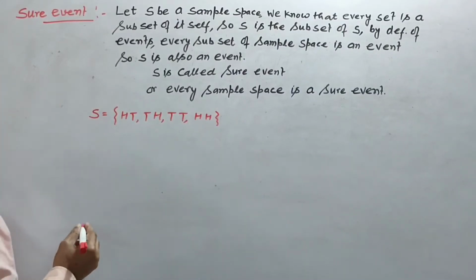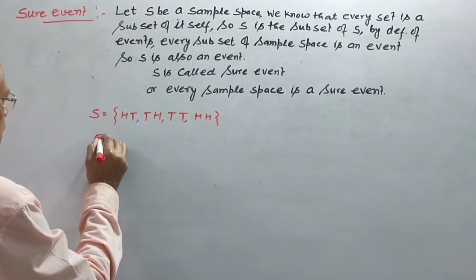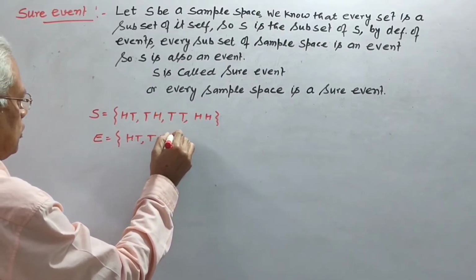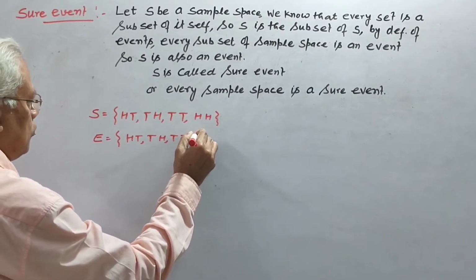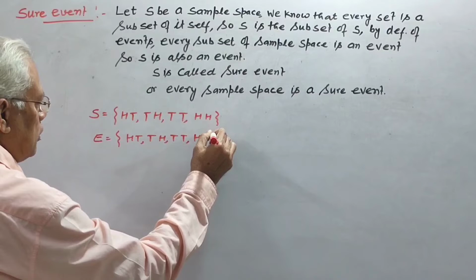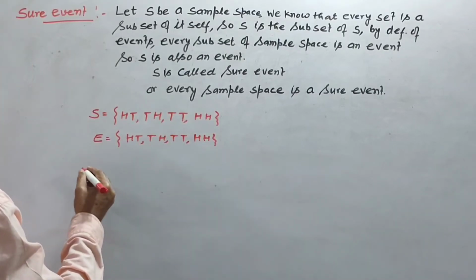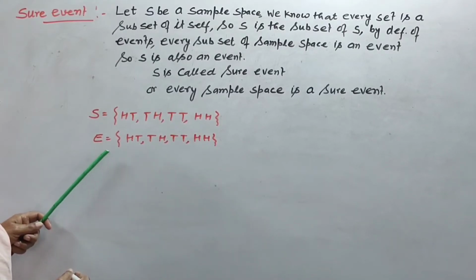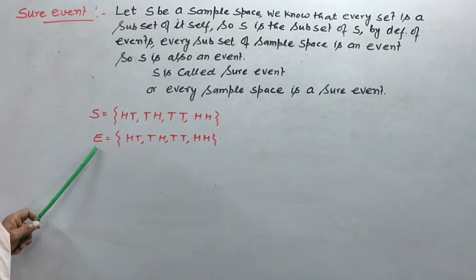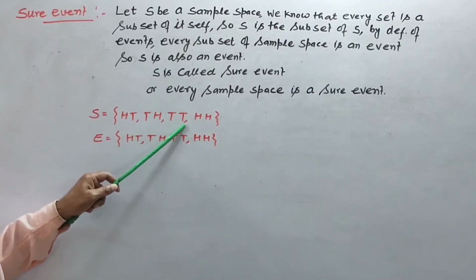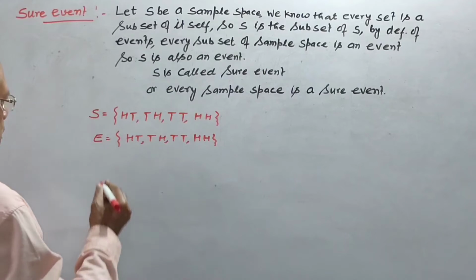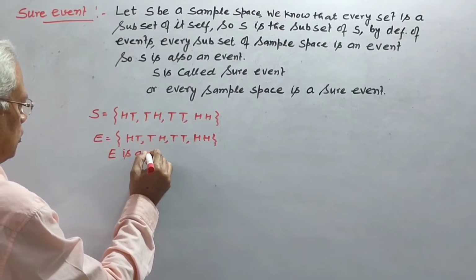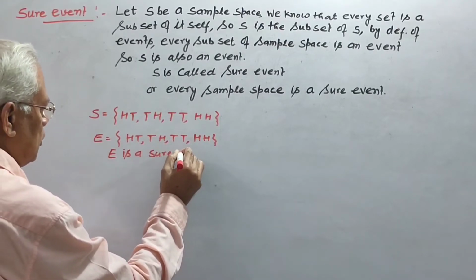This is a sample space and event E, which is equal to the sample space, that is having the same elements as in the sample space, is a sure event. So clearly the event E having the same elements as in the sample space is a sure event. So E is a sure event.